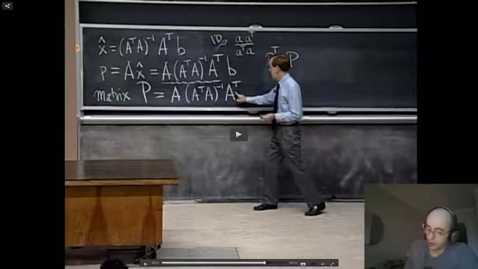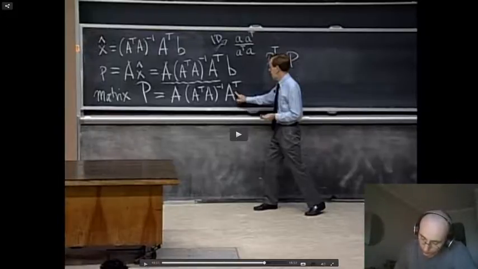You are getting A in the beginning and A transpose at the end. What's with the center stuff? Can we write it as A times the inverse on the outside of a transpose of a symmetric product? And what is the transpose of a symmetric matrix? Is it the same matrix?